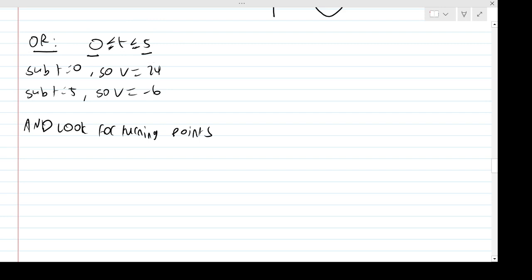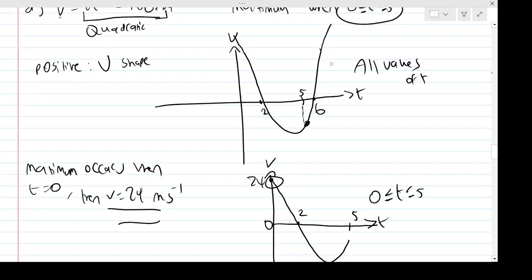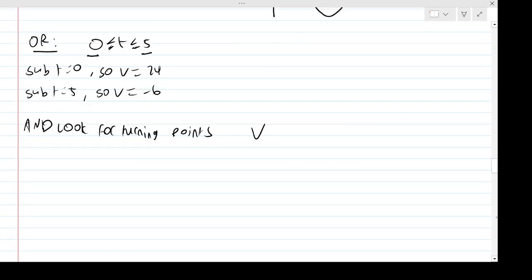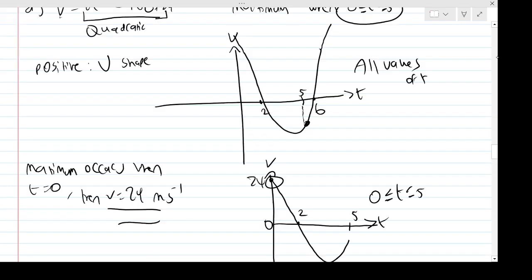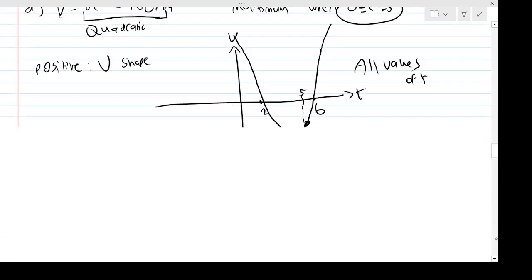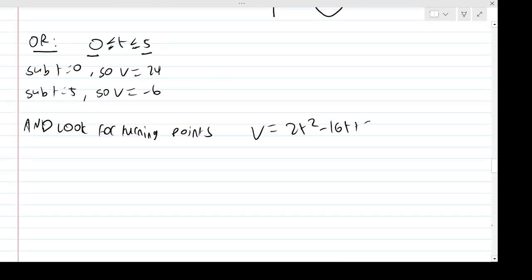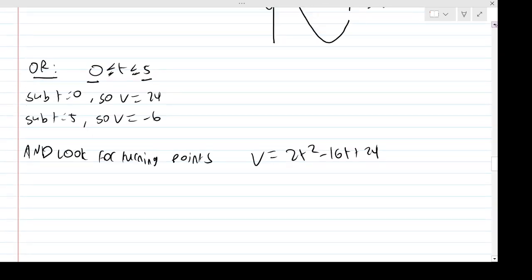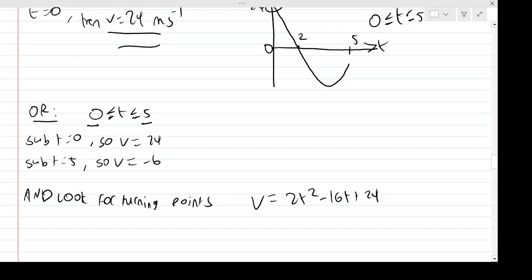And then any turning points in between. So to find turning points, again, we've got this quadratic for v. So v again is 2t squared minus 16t add 24. Well, actually, hopefully you can spot here, we don't need to find the turning point because we can see from the graph, or you could realise it's going to be a positive quadratic, so it's going to have a minimum.